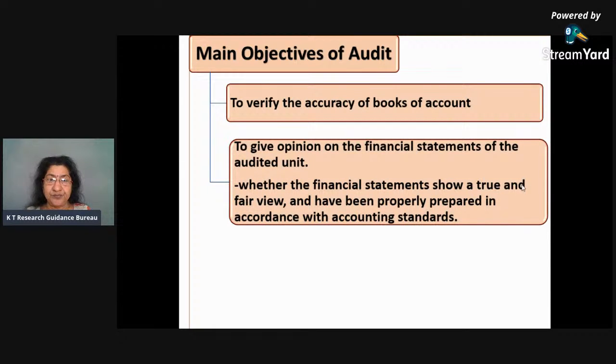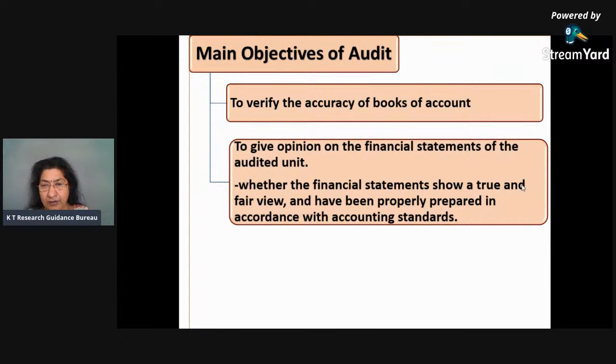Second thing is auditor has to give his opinion about financial statements of audited unit. You know, financial statements includes profit and loss account and balance sheet. So he has to give the report that P&L account, profit and loss account shows a true and fair view. Means this profit is right.